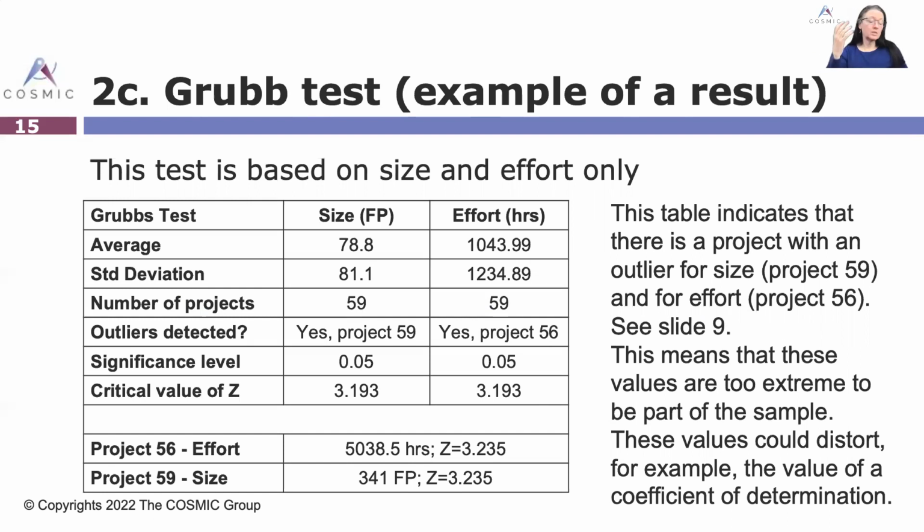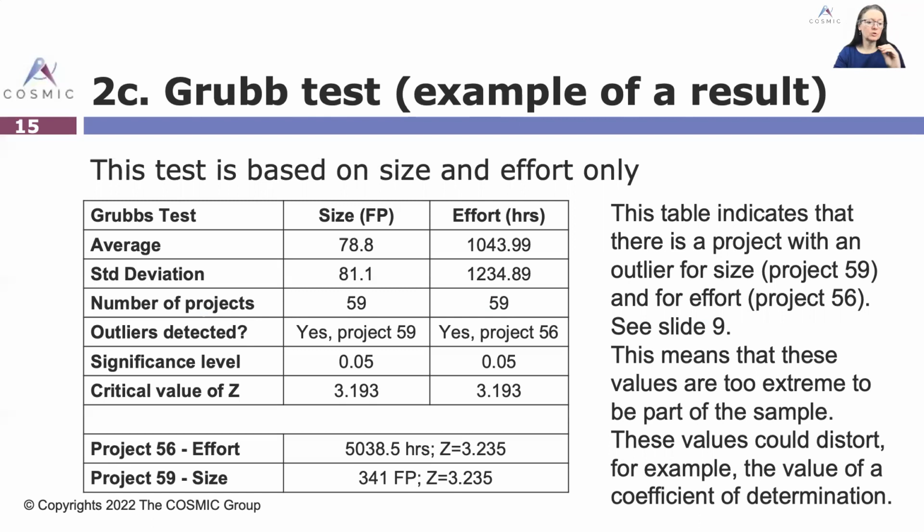You can also decide to take them out. It's up to the person who does the analysis at that point. But if the outlier makes a big difference on the coefficient, then it should certainly be removed.